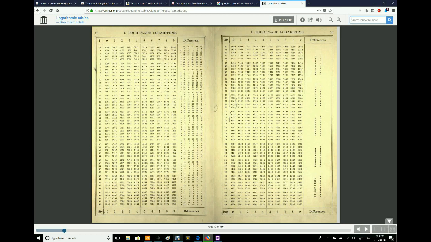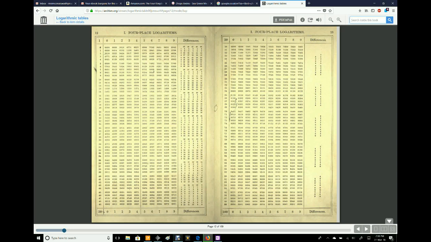Now we get to 10 and we see these zeros. That means we've now switched our unit, and so we would then be at 1, because 10 to the 1 is 10. So the logarithm of 10 would be 1. There you go. So now any of these numbers above here is going to be 1 point whatever.